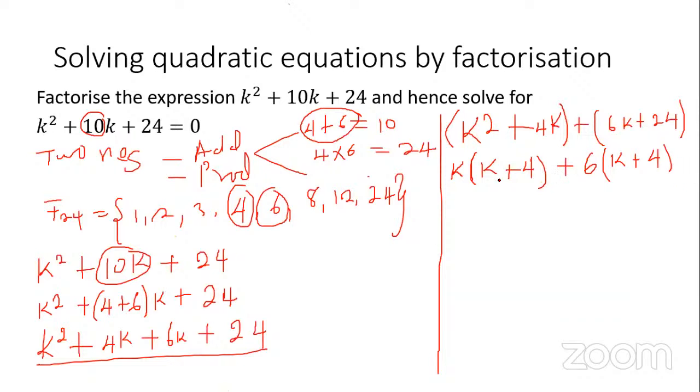Okay. So the k plus 4 also becomes a common factor, since in both we can divide by k plus 4.